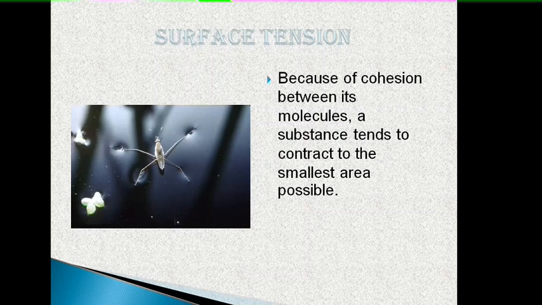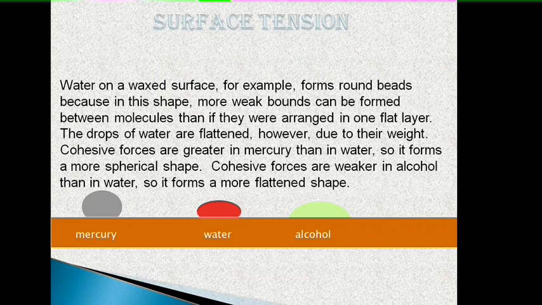So here again we can see one more example, why insects float on the surface of the liquid. And this is again due to surface tension. One more thing we can see over here. Suppose some droplets of water fall on a wax surface.